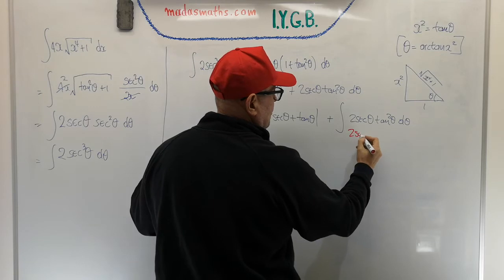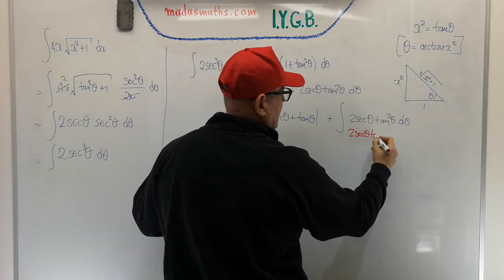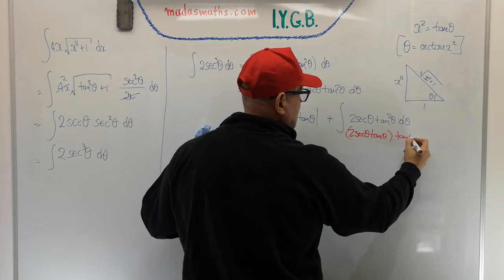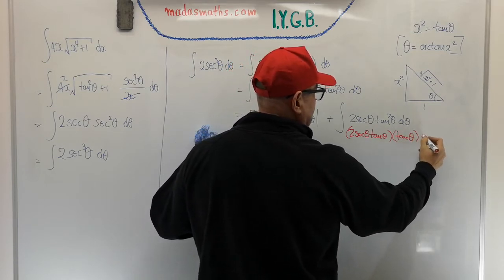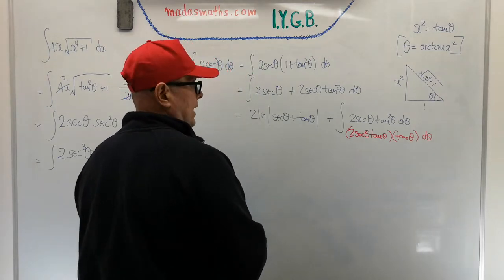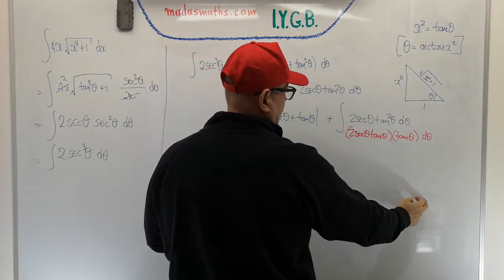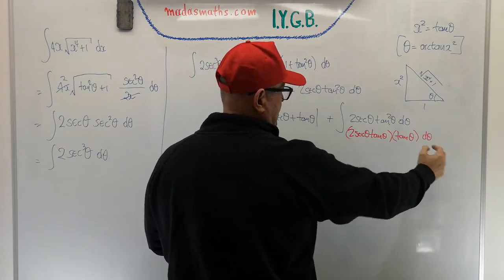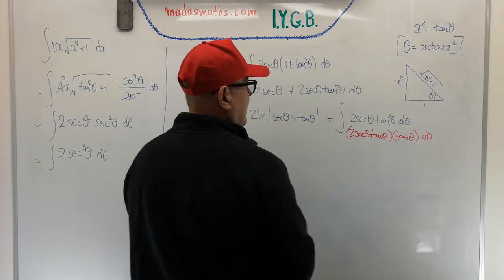So 2 sec theta tan theta, which is a differential, times a tan theta d theta. So if I do this by parts, what will happen in there? This will be the derivative, so it's going to bring me back to a sec theta, and the tan will differentiate to sec squared. Yeah, that's the way I want it.